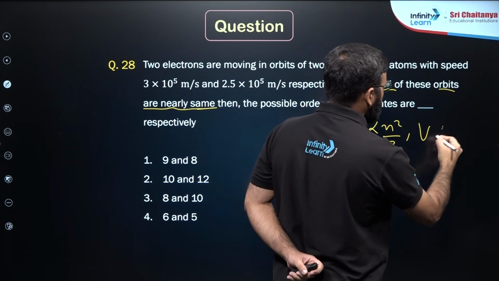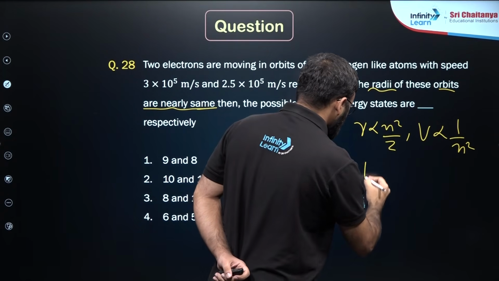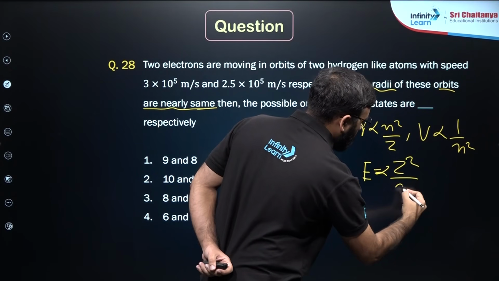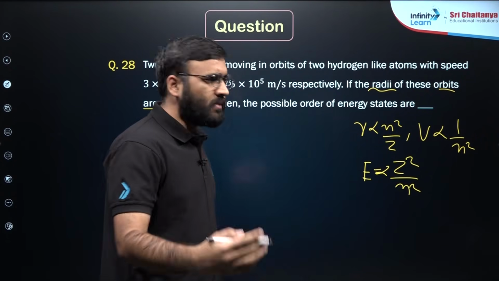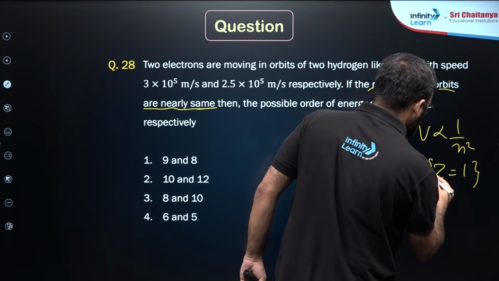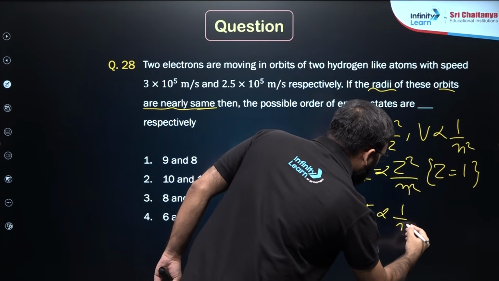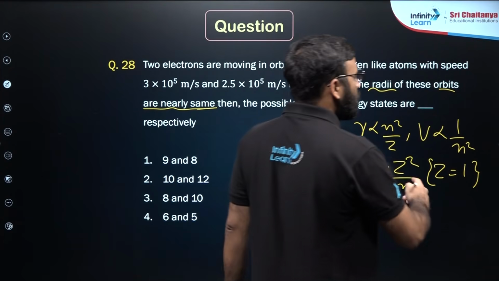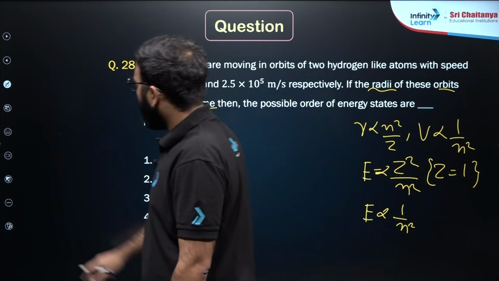Velocity is inversely proportional to n, and energy is proportional to Z square upon n square. Hydrogen-like atoms means Z equals 1, just put Z equals 1 because it's an H-like atom. So my energy is proportional to 1 upon n square. Means E is proportional to V. Oh sorry, V is only for n, not n square.